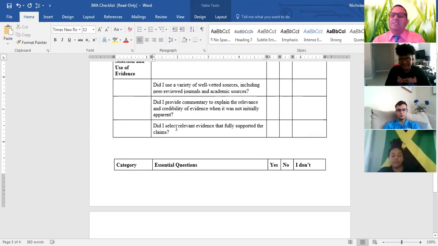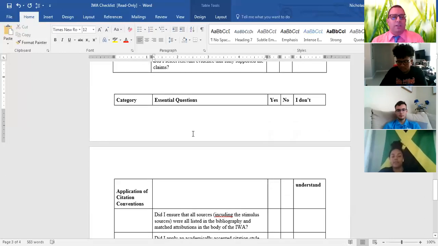And then does the evidence that you choose fully support the claim? Again, a lot of students will pick evidence and I'll read it and I'll be like, that really doesn't say what you think it says. So do make sure that the evidence that you're using is relevant to the claim.